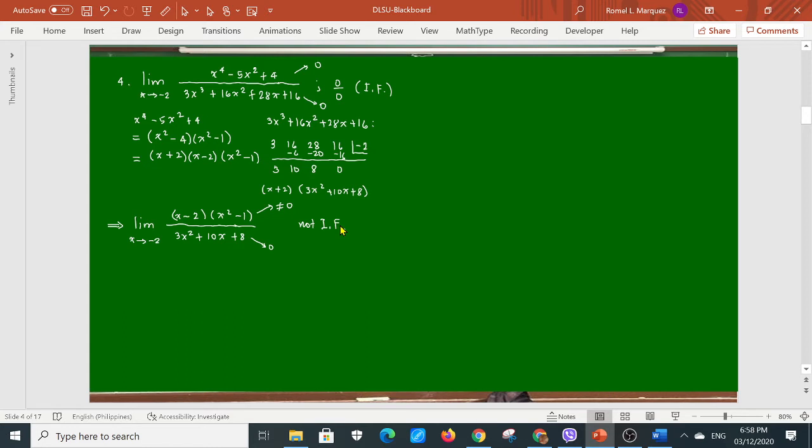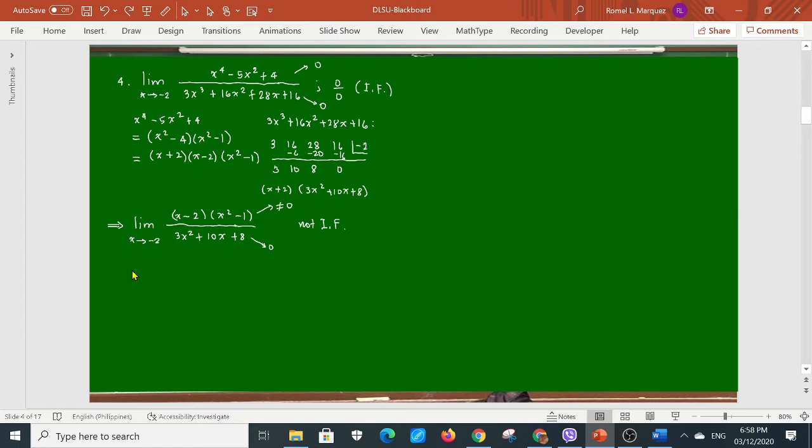So, we know that the limit does not exist. Because the numerator is not 0, the denominator is 0, it's not an indeterminate form. So, we cannot find an equivalent anymore here which will have a limit, no? So, that's it. So, what we check now is the sign, is it negative infinity or positive infinity? That's the question.